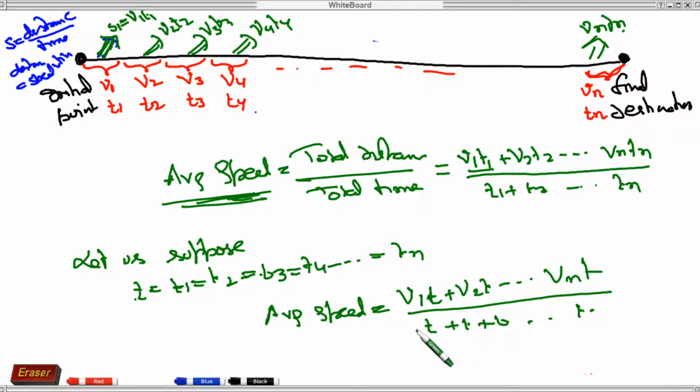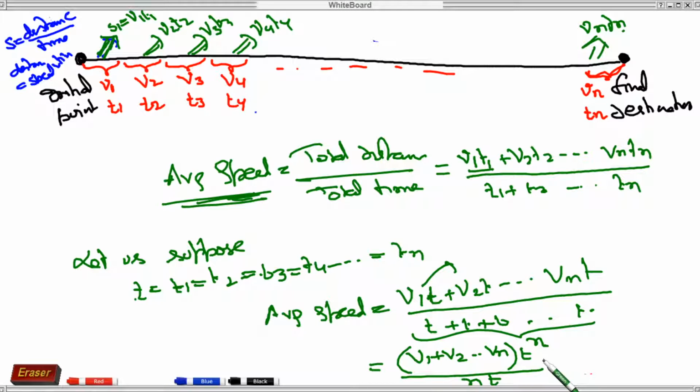This is n times. So it will come out as v1 plus v2 and so on to vn, with t common, upon n t. This t gets cancelled. So it will come out as v1 plus v2 and so on to vn over n. So in such types of scenarios, this is how we are going to tackle the situation.